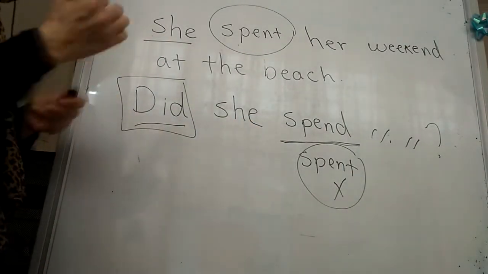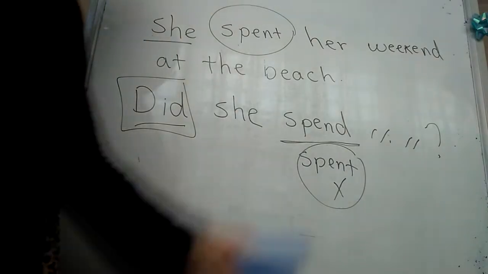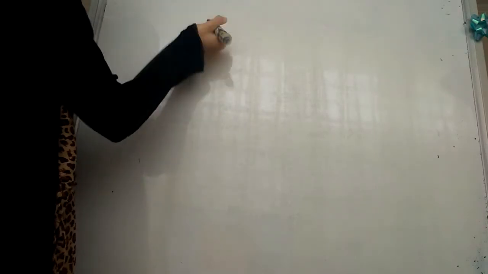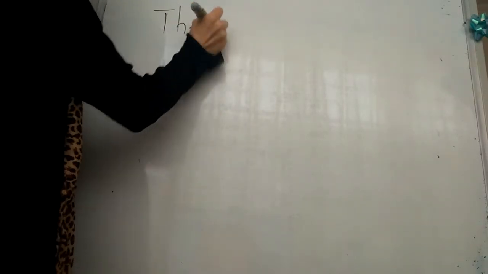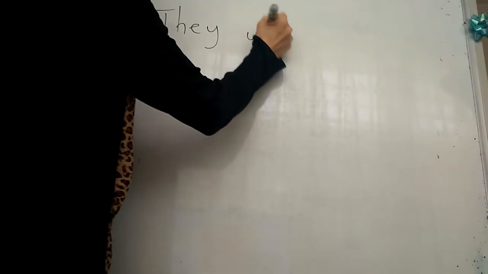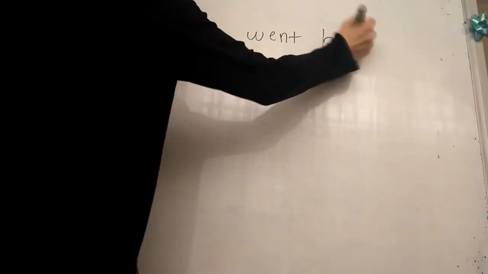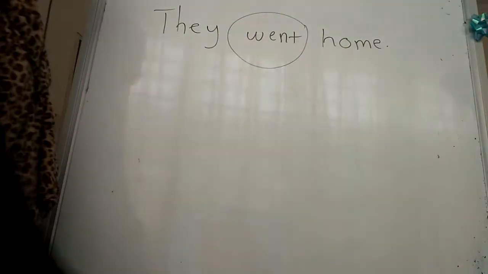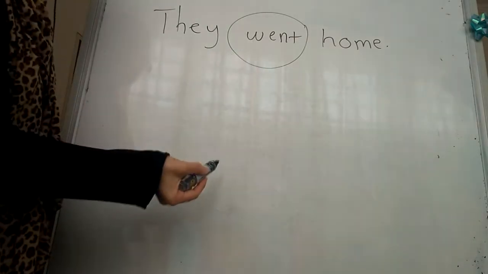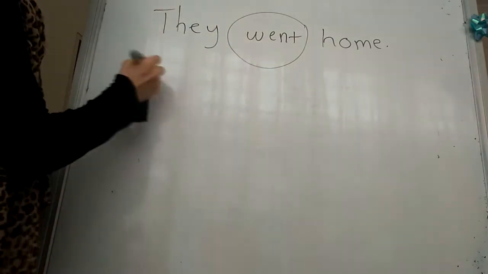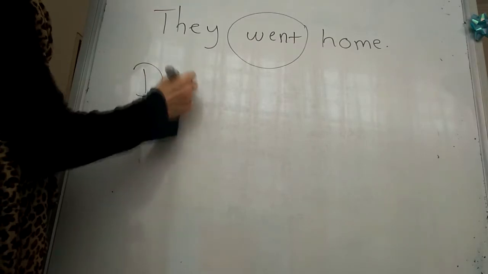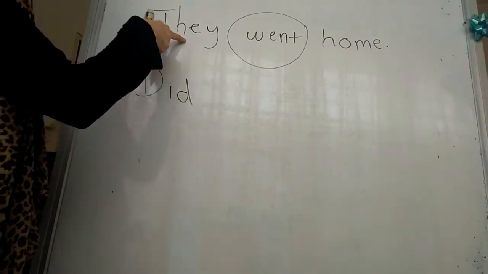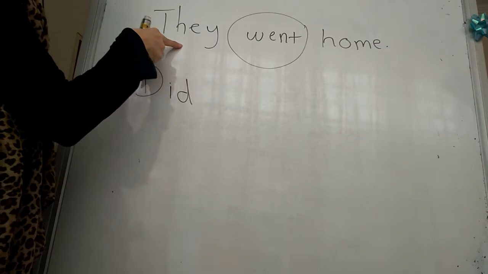All right, let's have another one. Here, for example, we have they went home. To make a question, we need to look at the verb. The verb here is in simple past form, so we start with did. And then look at the subject. The subject here is they.